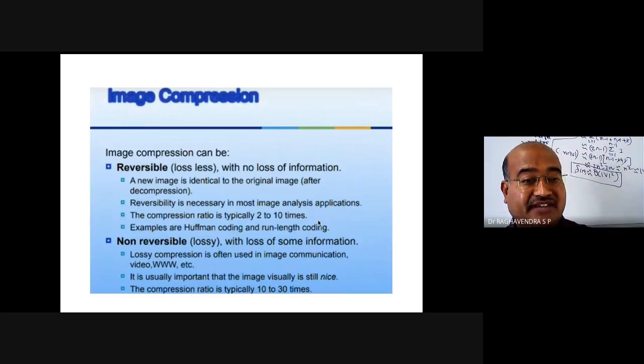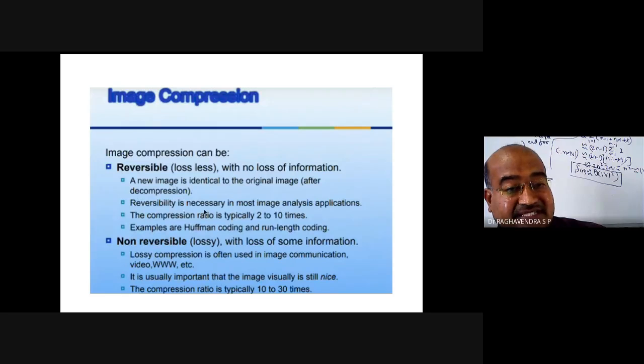On the other hand, non-reversible means the decompressed image is not exact as the original. In reversible, with no loss of information, the exact image is retrieved, identical to the original image after decompression.